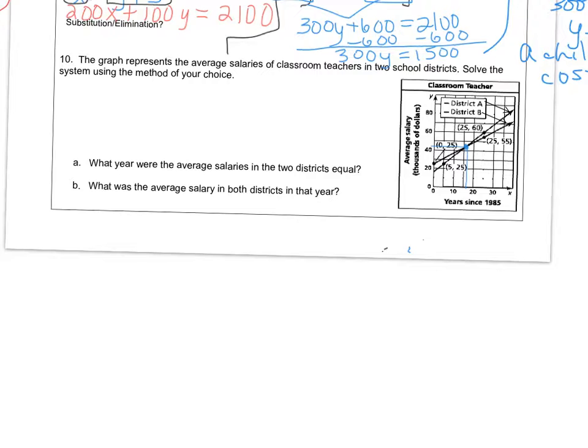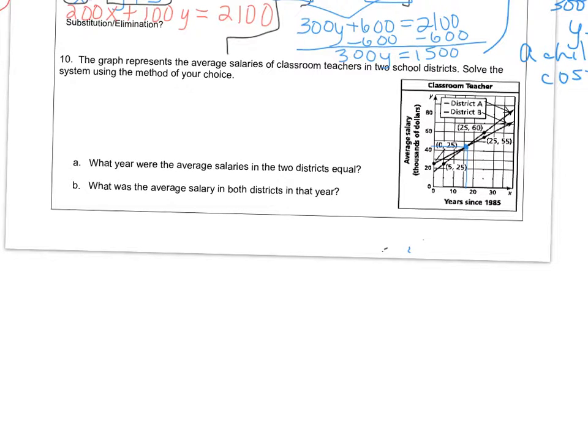And when I looked at the graph, I could see where the two lines are intersecting. And the question that it's just asking is, what was the average salary in both districts that year, and what year were they equal? So I just looked at where that intersection is, and it looks like it's approximately year maybe 16 and maybe 43,000.